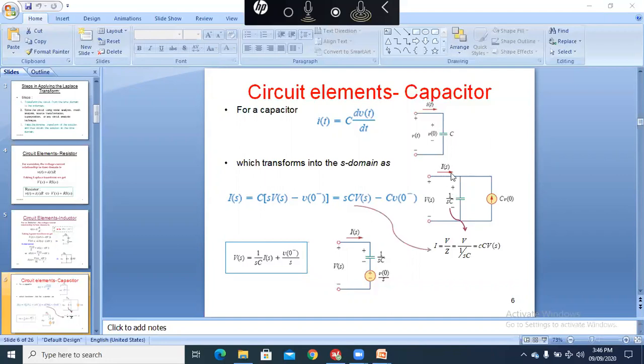When we calculate the value of V(s) from this equation, we will have this much capacitance and a voltage source in series with this capacitance. So this is the representation of the circuit elements in the Laplace domain.